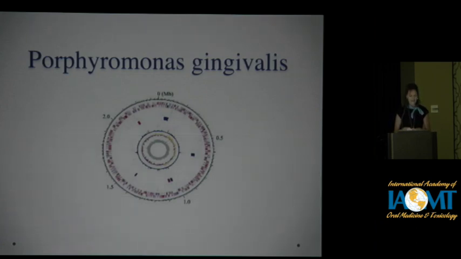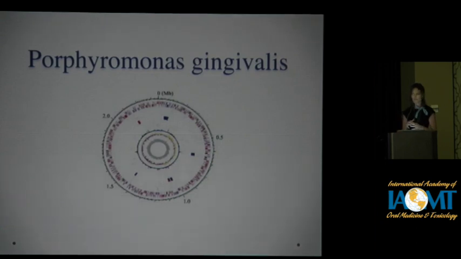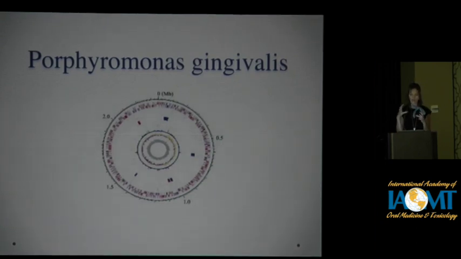PG can affect the innate immunity in periodontitis, in cardiovascular disease, and in Alzheimer's disease, and it does this by modulating the inflammasome. The inflammasome is a multi-protein complex, a cytoplasmic complex.